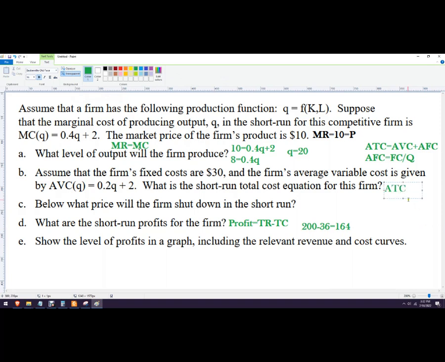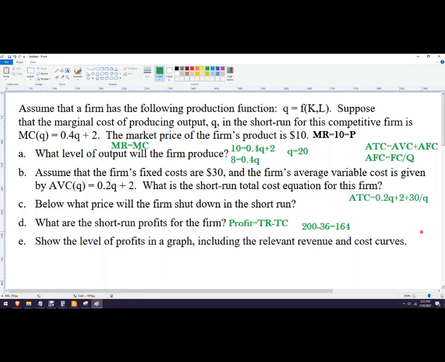So average total cost, let's do that down here actually. Average total cost is 0.2 Q plus 2 plus 30 divided by Q. And that's the average total cost of producing all of these units.